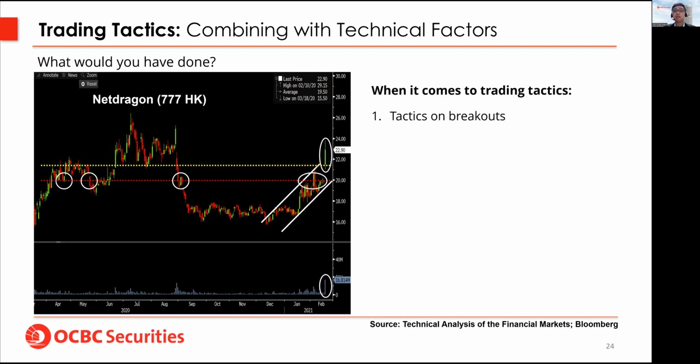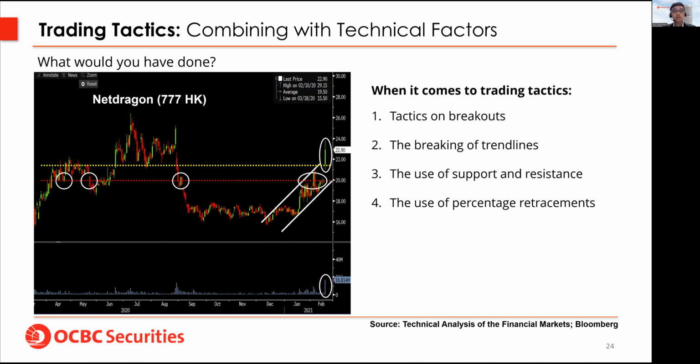That is one potential area for you to place your trade. The other is after it has actually broken out, and maybe it's at the yellow line right now and you feel like there's some momentum and there's a breaking of the previous trend line. You can also use support and resistance highlighted in the chart. The use of retracement, where you feel like, okay, it's gone very aggressively, now it might be a time for a pullback. The use of gaps as well, the significance of opening up higher.